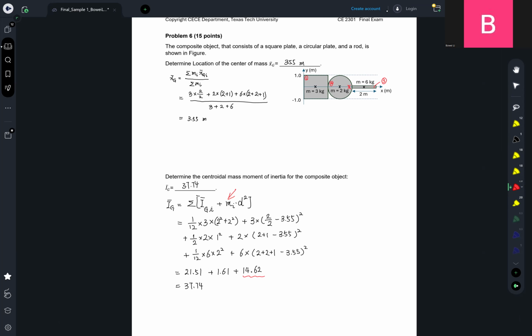It also requires us to have the central mass moment of inertia of each part of the object, which can be found in the appendix. That gives us all the information to solve the problem here.